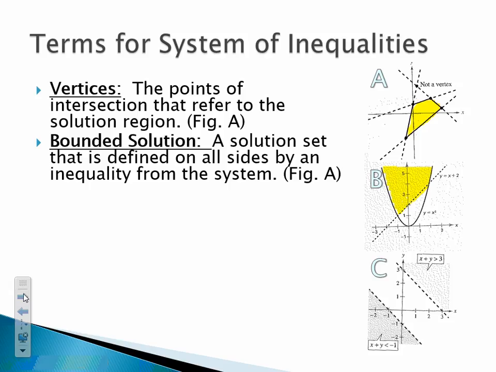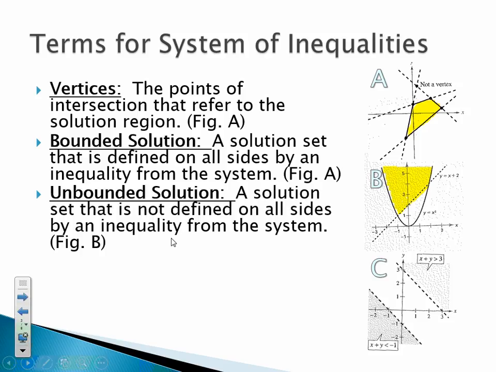Now, we can also have what are known as unbounded solutions. That's when not all of our sides are necessarily defined by an inequality in the system. If we take a look at diagram B here, you can see that we have a quadratic equation, a parabola, and we have a line. Those two graphs are intersecting at 2 points, so we would just have 2 vertices in this problem, and then the shaded region would be unbounded.